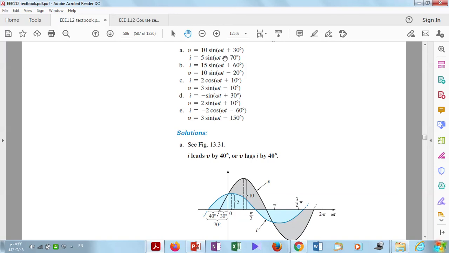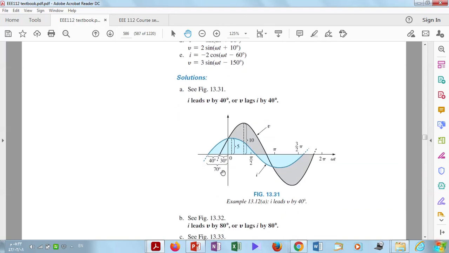It is plus 70, this means it starts from minus 70. 30 plus 40 is 70, so it does not start from minus 40, it starts from minus 70. What is the shift between the starting of voltage and current?